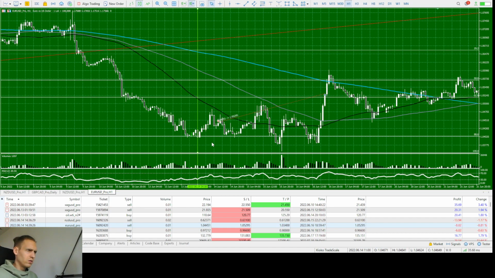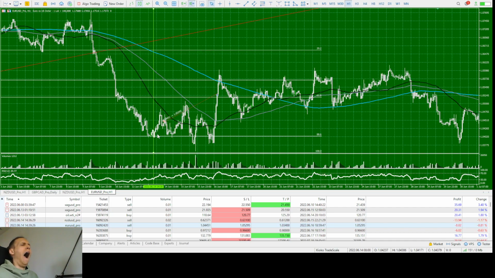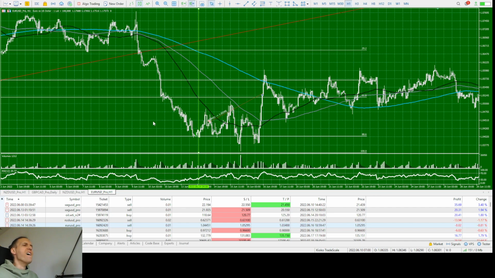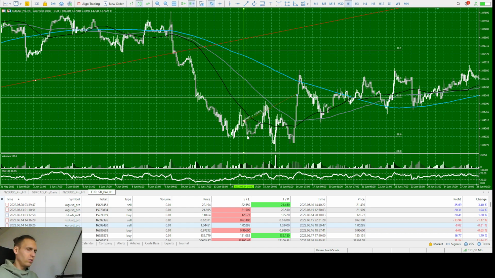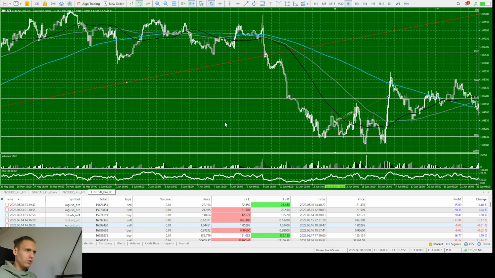This was done this candle. Oh, I was entering there. I was hoping for a no continuation of a pullback, for a lack of pullback.